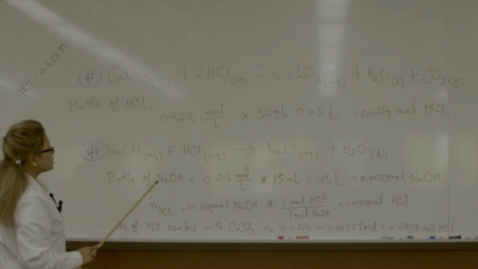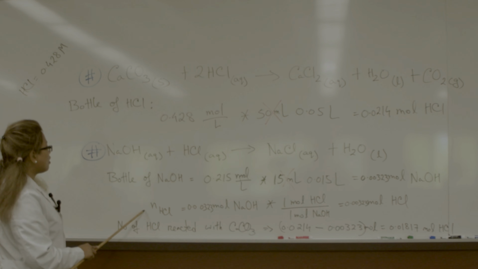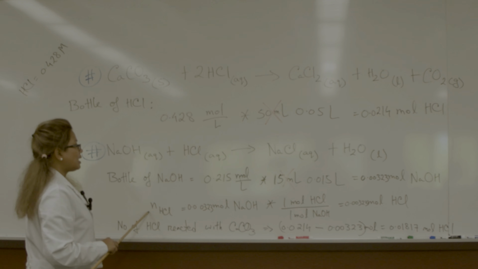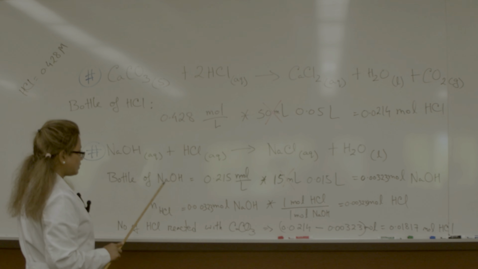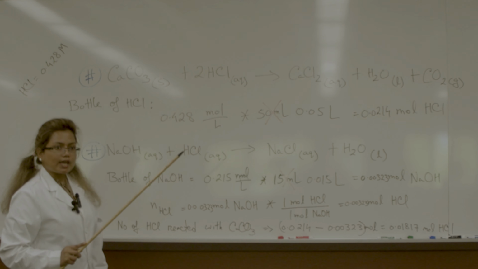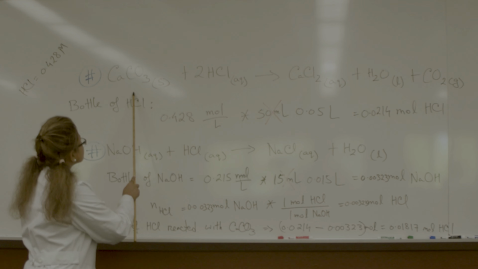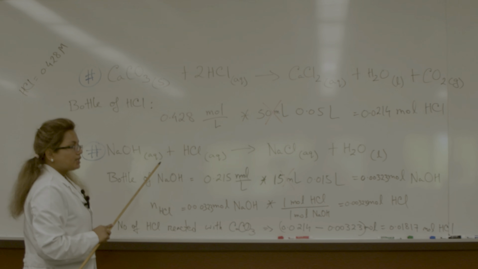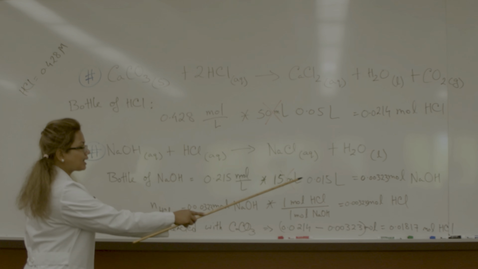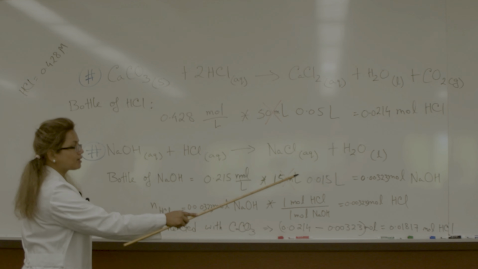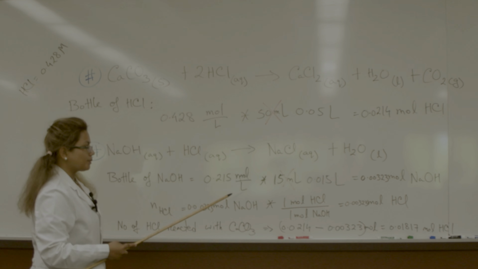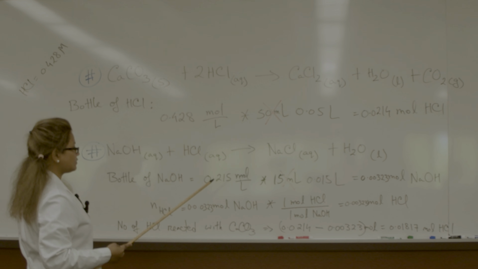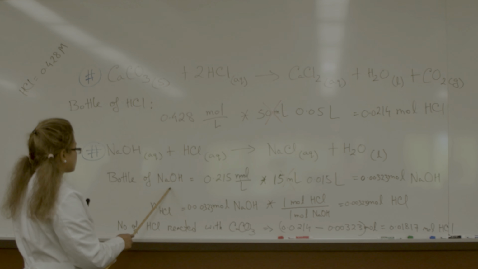So now I'm going to find how many moles of hydrochloric acid I have used for my experiment, right? Because the hydrochloric acid reacts with the antacid, and it also reacts with sodium hydroxide. I know how many moles of sodium hydroxide I have used. Now my work is to find how many moles of hydrochloric acid reacted with the sodium hydroxide.